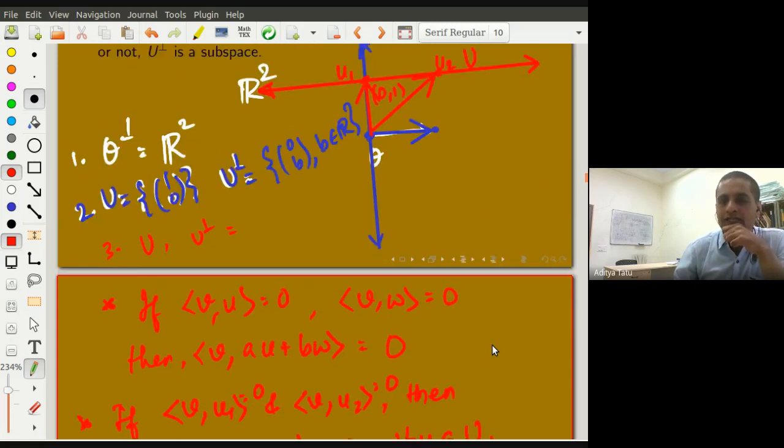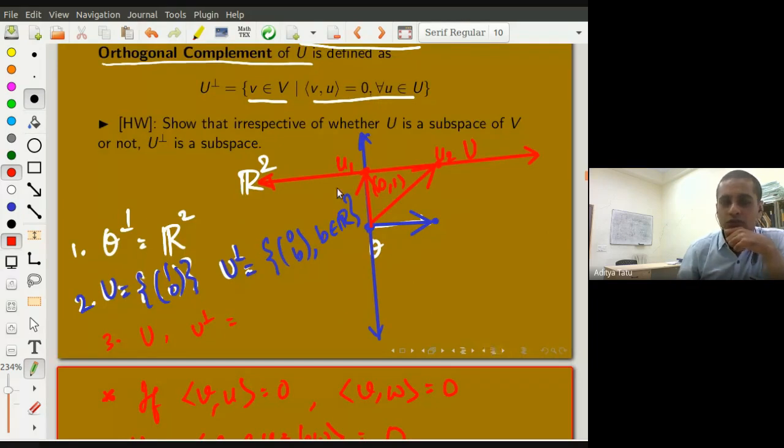So what vectors are orthogonal to both U1 and U2? That's where the question boils down to.